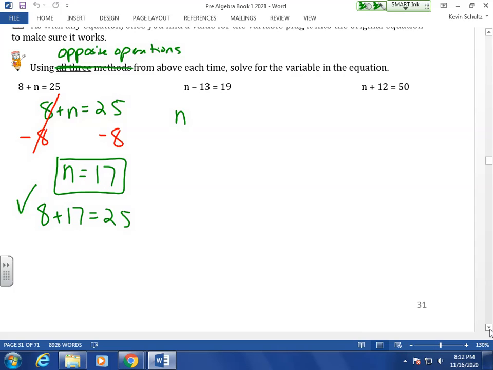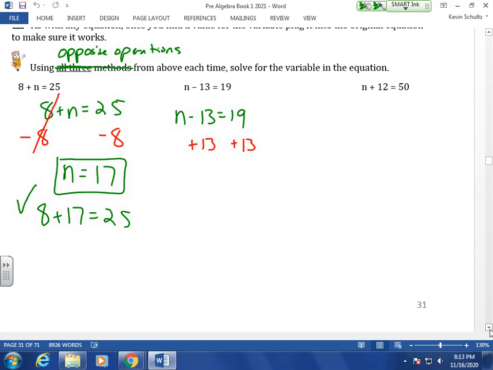Next one. n minus 13 equals 19. We want to get n by itself. We want to undo what's being done. What's being done is we are subtracting 13. And the opposite of a negative 13 is a positive 13. And again, we're going to do that to both sides.